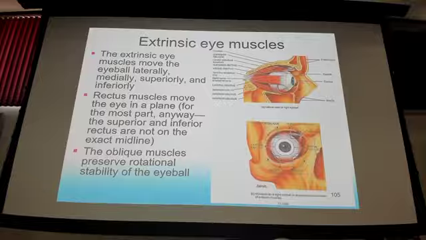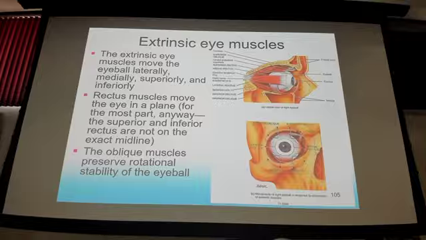And so they have the ability to pull and move the eye in different directions. They move the eye laterally, medially, superiorly, inferiorly. If you were to break them down and ask what each individual muscle does, lateral rectus abducts the eye, it moves the eye out.